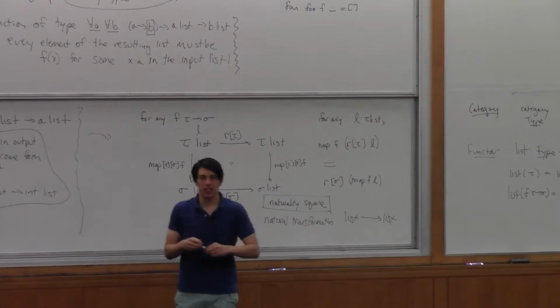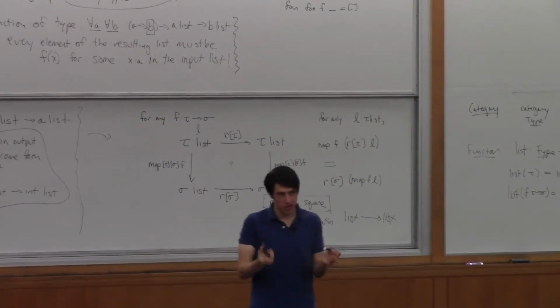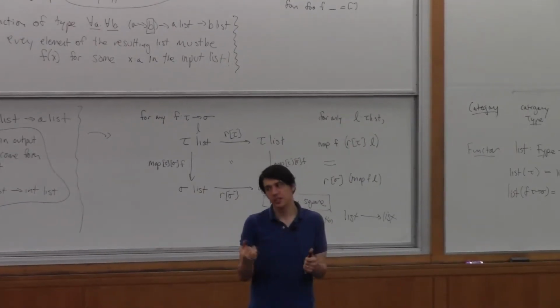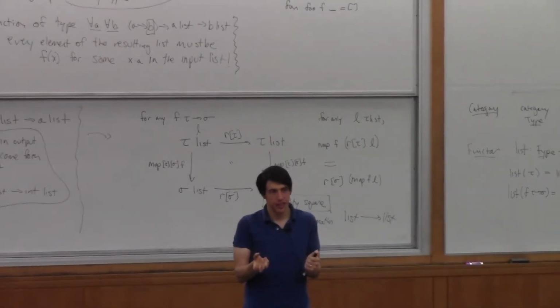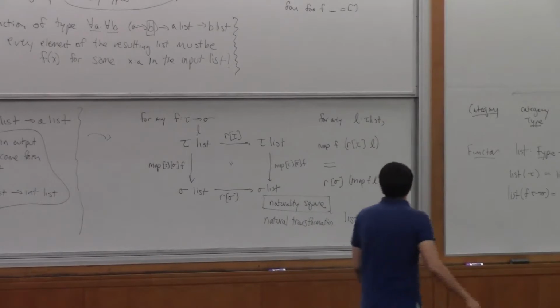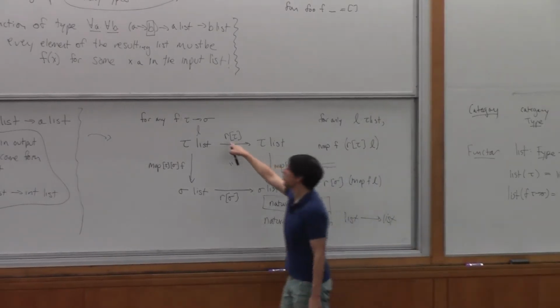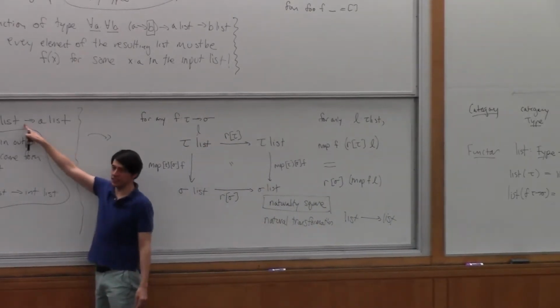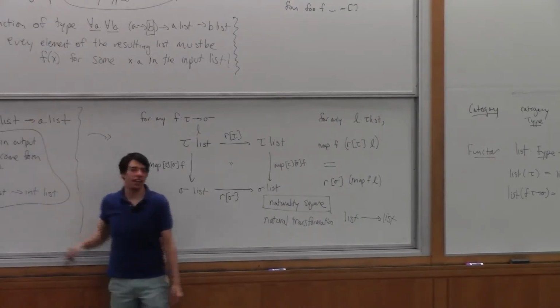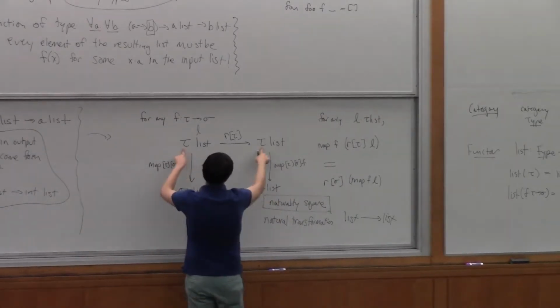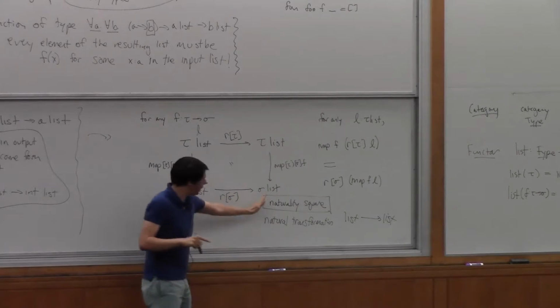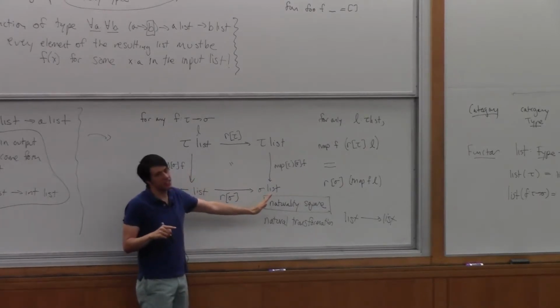So just like a functor is a notion of map between categories, there's a notion of map between functors. And the right notion of map between functors is exactly something like R here, which is to say, for any object, tau or sigma, it gives you a map between the instances of the functor.